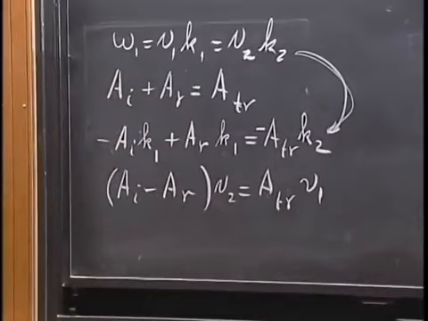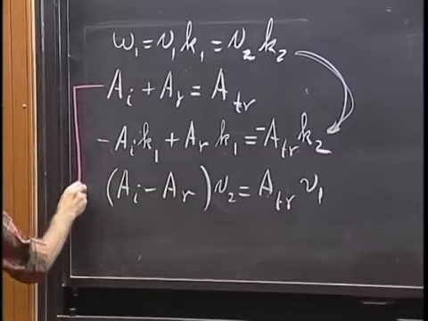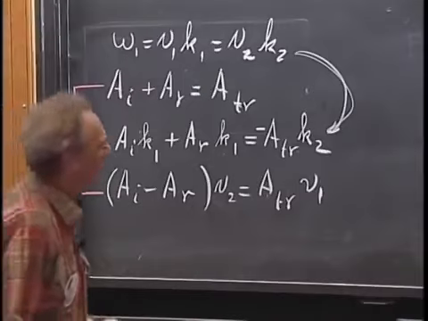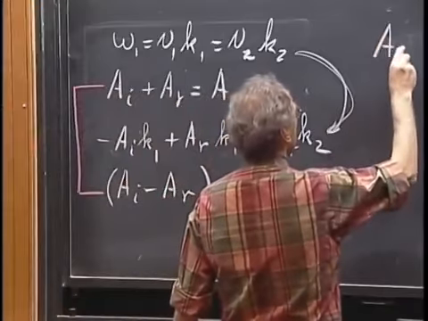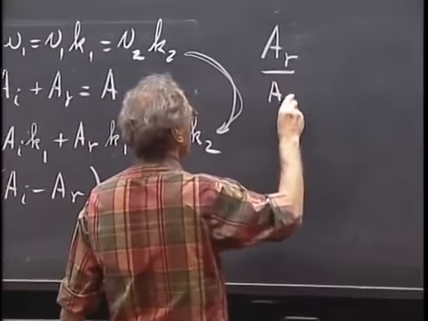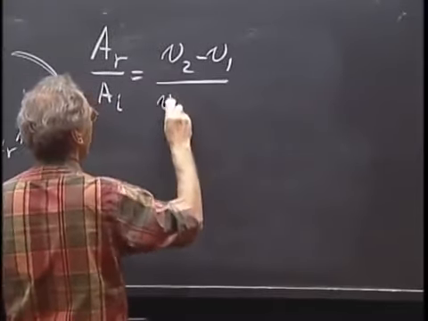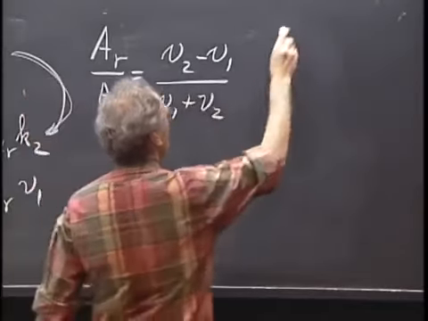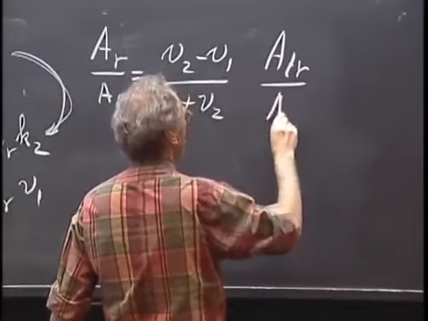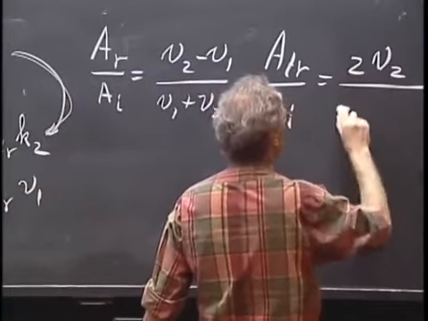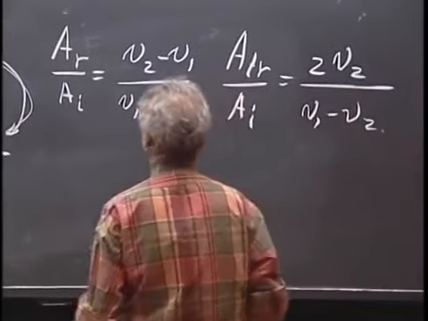Now all you have to do is calculate the ratios of those amplitudes from these equations. What comes out of that, this is also worked out in French, is that the reflected amplitude over the incident amplitude is v2 minus v1 divided by v1 plus v2, and A_t divided by the amplitude of the incident one is 2 v2 divided by v1 plus v2.